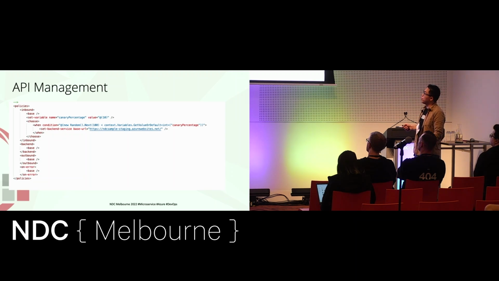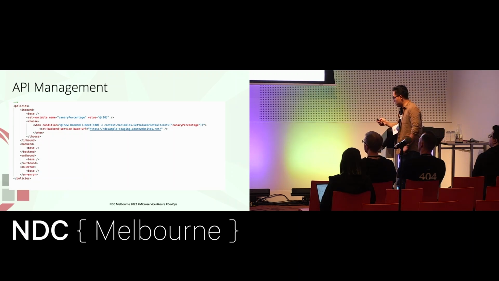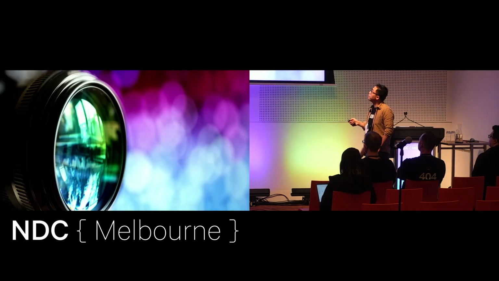And since we can express this logic within this policy definition in an XML sort of style, we can surely have it in our code. It's not hard to achieve.